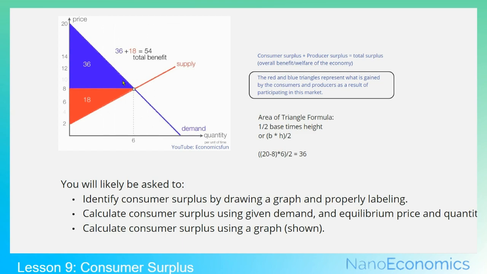And we can do that because we're able to use the supply and demand functions to find this equilibrium point. And then finally, as we did in this example, you might be asked to calculate consumer surplus using a graph as opposed to using formulas and functions.